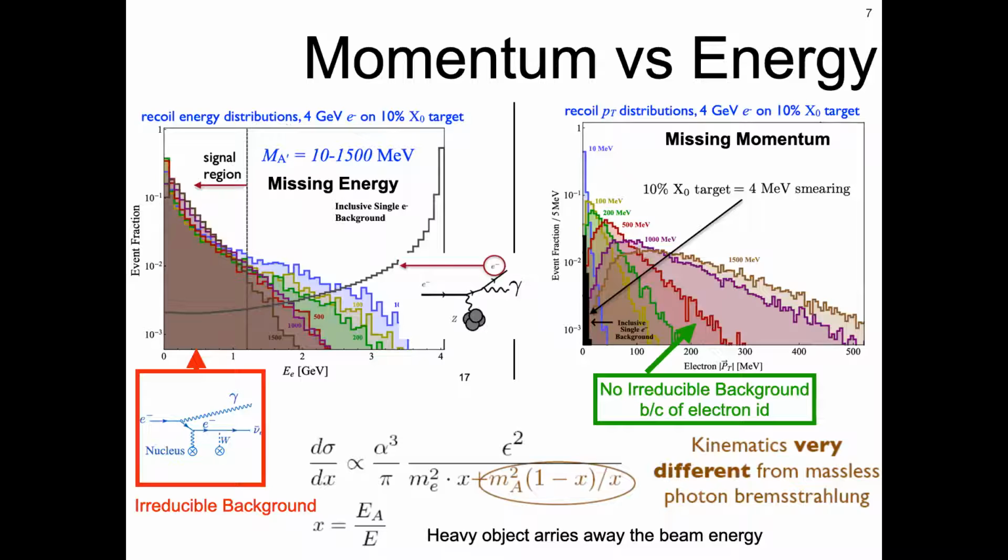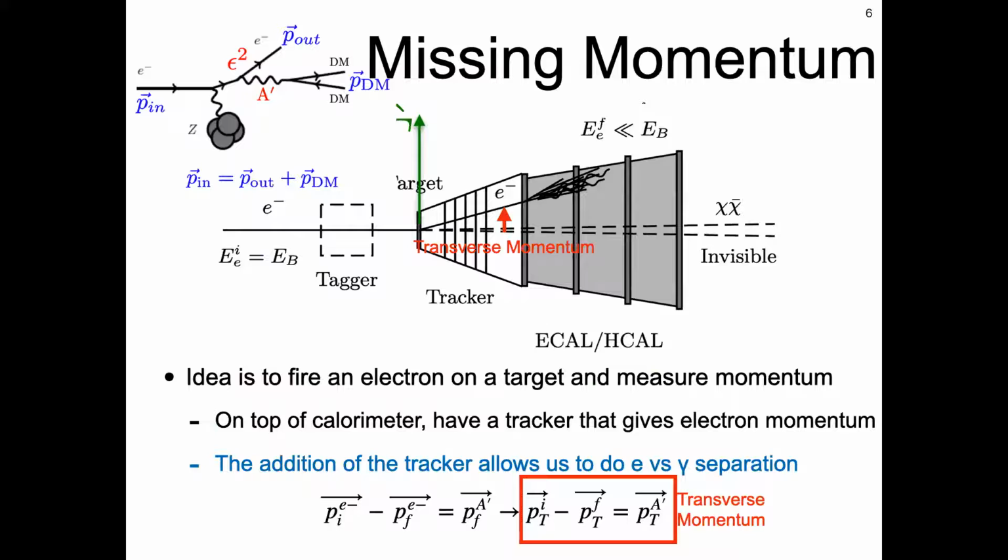In terms of measuring PT versus missing ET or missing both, is there a difference in the detectors themselves? I think you said something about a magnet. Yeah. So you need to measure this electron momentum, and in order to do that, you need a magnet, and you need tracking chambers here. So you need to measure the charged particle track before it decays in a calorimeter.